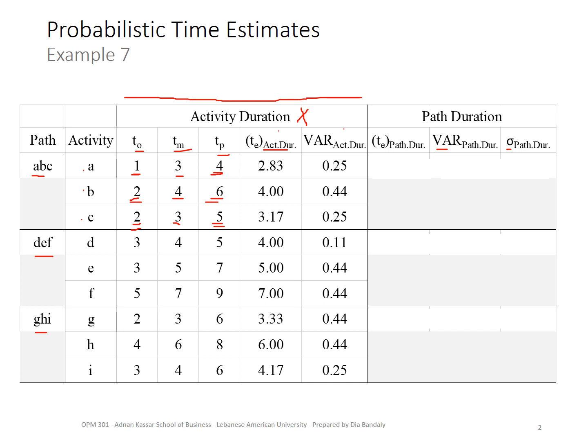All right, now what's the expected duration of the first path? It's very simple. It's equal to the sum of the expected durations of the activities in that path. So you sum up these three, which comes to 10. What about the variance of this path duration? Also very simple. Simply sum up these and you will get this.